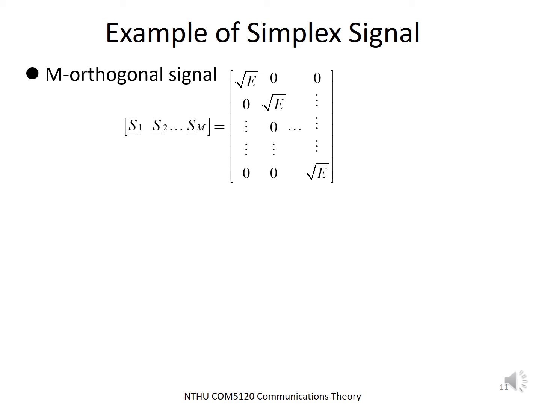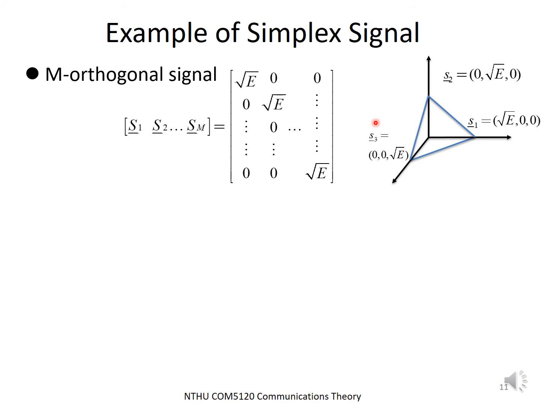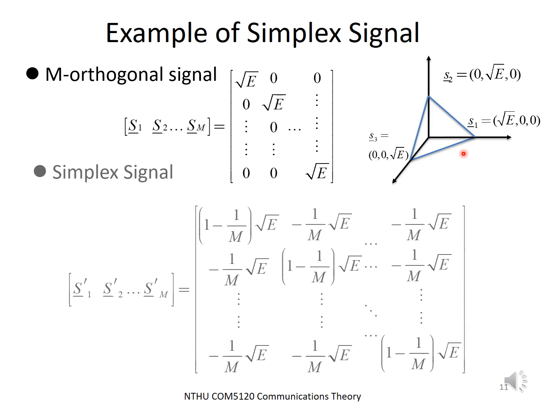The original M-array orthogonal signal has M vectors, and together these M signals make the constellation.